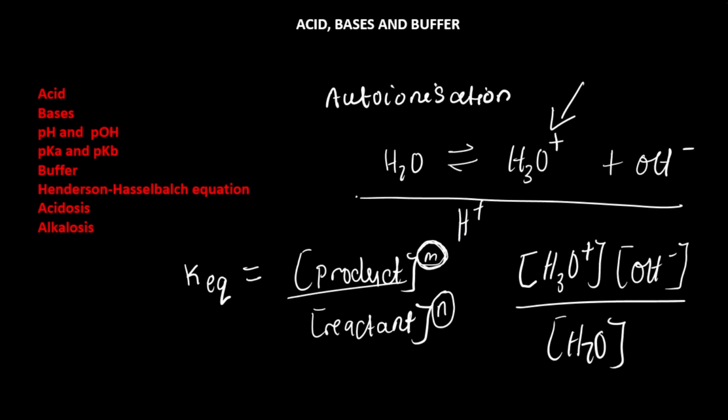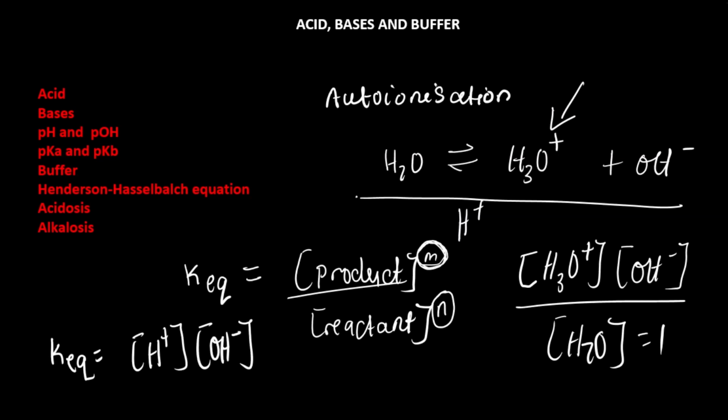However, we can't exactly say water has a concentration because water is a liquid. So the concentration of water is simply 1. And this equilibrium constant can be written as the hydrogen ion concentration multiplied by the concentration of the hydroxide ion.